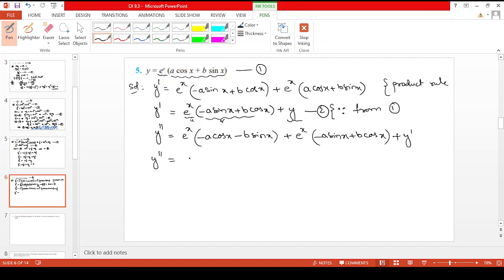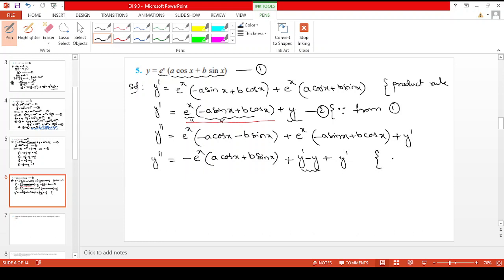So y double dash equal to minus of e power x into (a cos x plus b sin x), minus I have taken common, and now this e power x into (minus a sin x plus b cos x). Can you see here? The same term is visible here. So this term entirely will be replaced by y dash minus y. So this is y dash minus y I am writing. And plus this one is y dash.